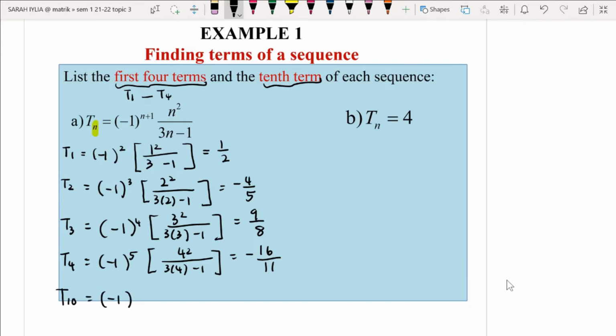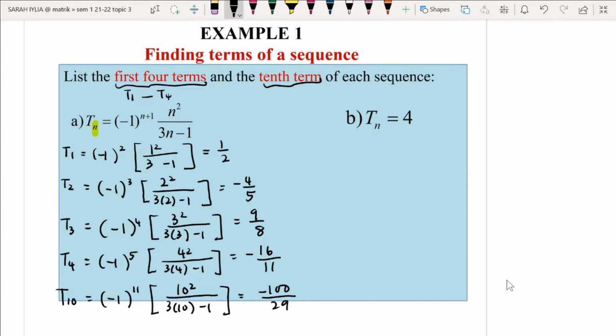So negative 1 to the power of 11 times 10 squared over 3 times 10 minus 1. In this case, our final answer will be negative 100 over 29. Macam tu je cara cari setiap terms. So, depends kita nak term ke berapa, itu yang kita ganti ke dalam n.